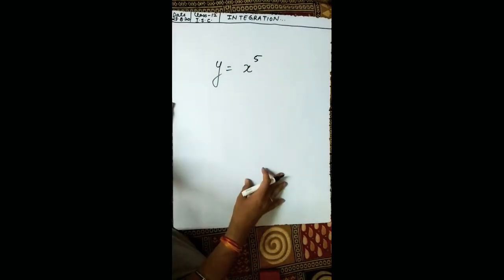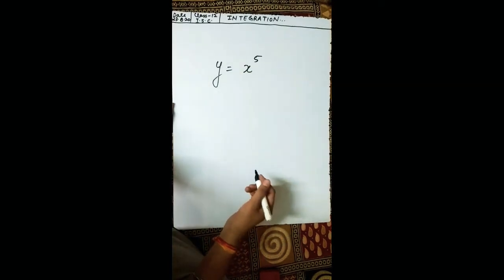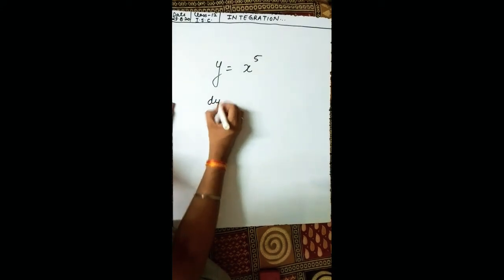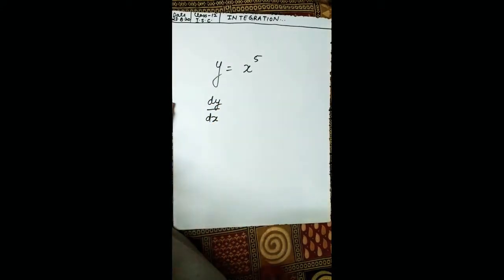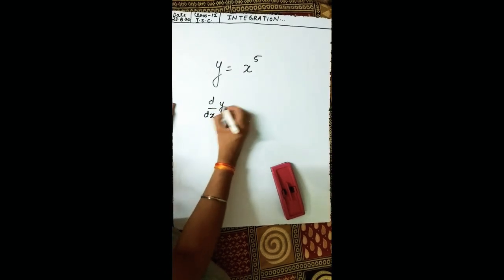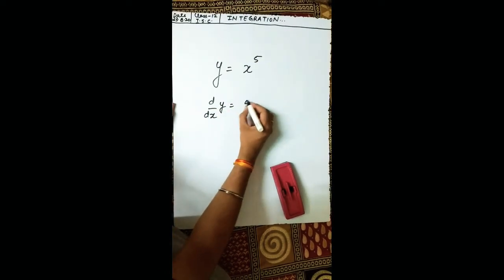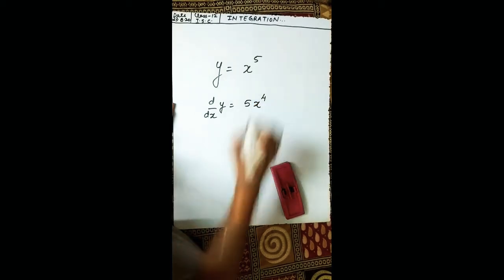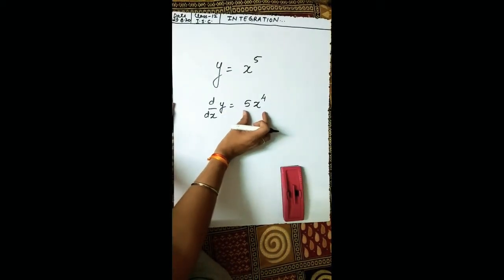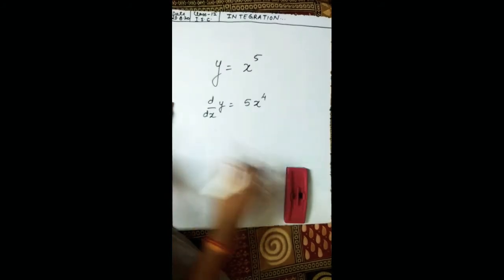Let me ask you to differentiate it. So what will be the differentiation? dy/dx is equal to 5x to the power 4. We used the x to the power n case, n times x to the power n minus 1. This is the answer. Now you take the integration on both sides.